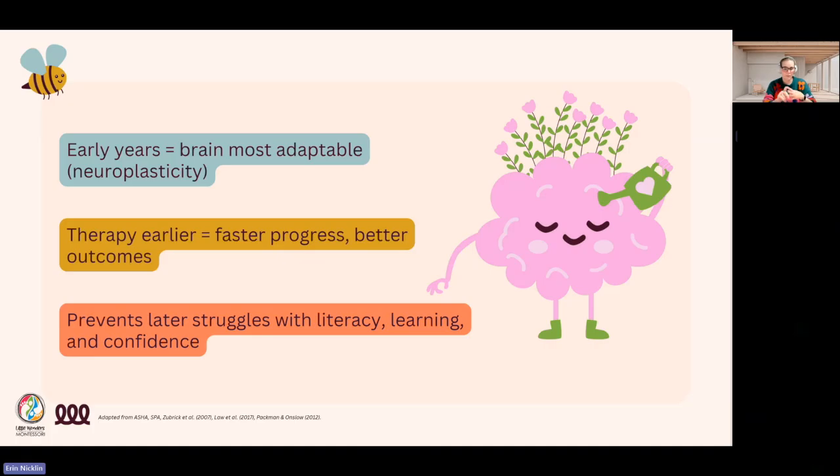With stuttering, we know that we have a program called the Nicklin program, which works best in the preschool years. So starting earlier means faster recovery and fewer long-term challenges. The flip side of that is that untreated difficulties don't just disappear.